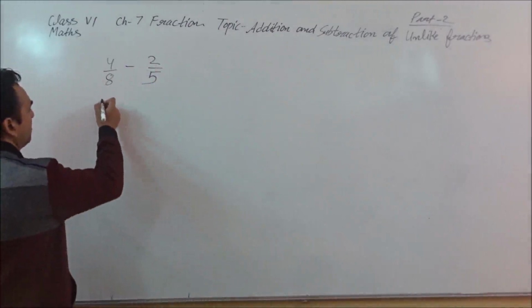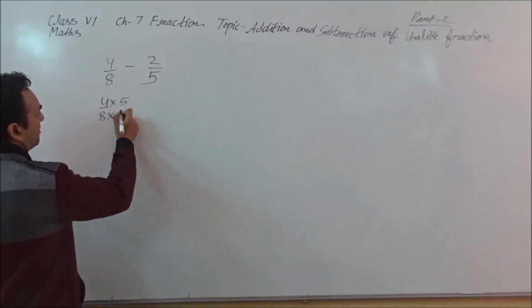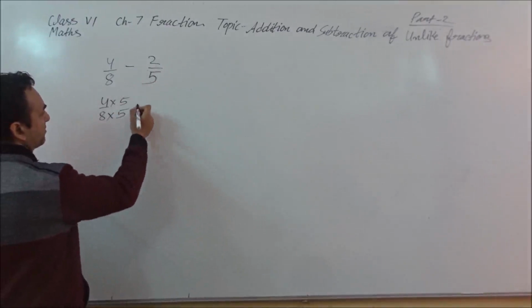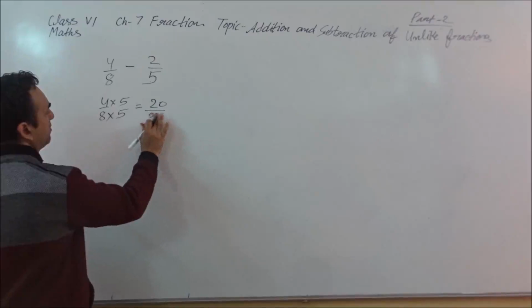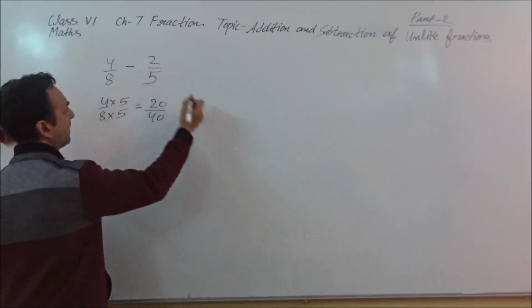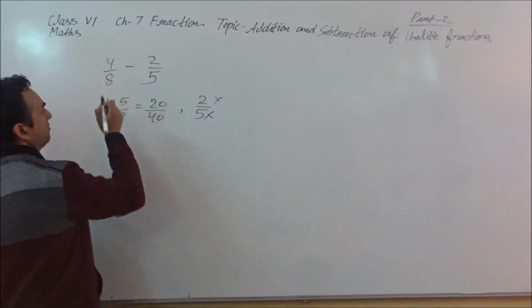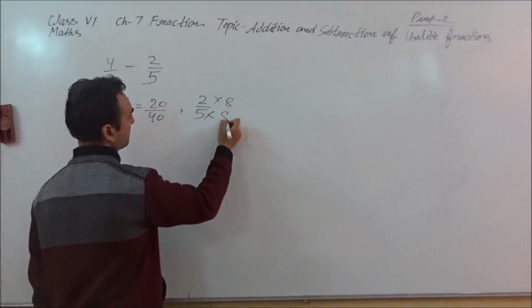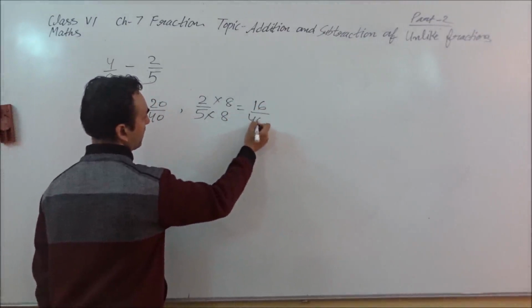How will you change? 4 upon 8 multiplied by 5, the denominator of the other fraction. 4 fives are 20, 8 fives are 40. For the second fraction we take 2 upon 5 and multiply by the first denominator 8. 8 twos are 16, 8 fives are 40.